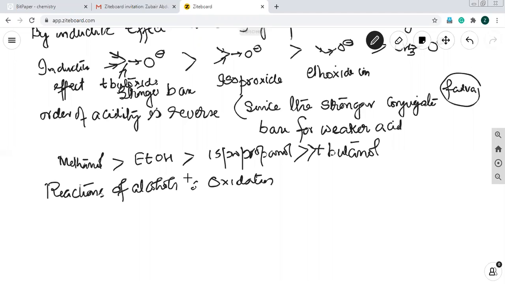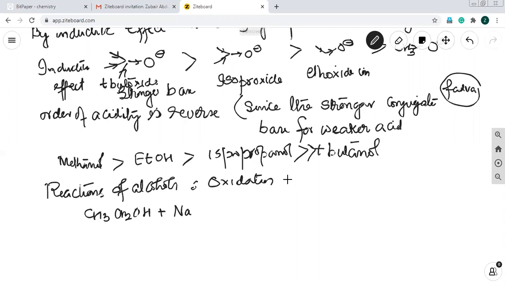We can oxidize the CH3CH2OH. I take ethanol, CH3CH2OH, plus NaOCl.